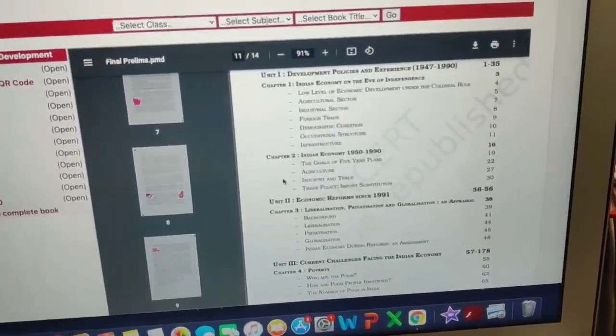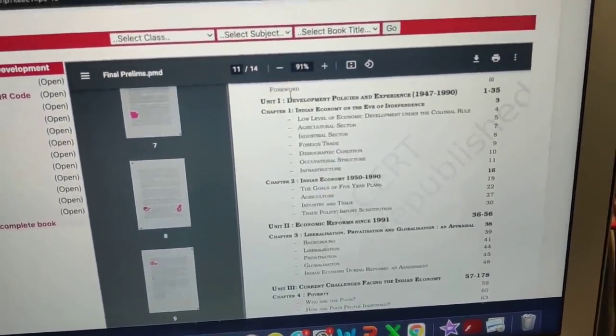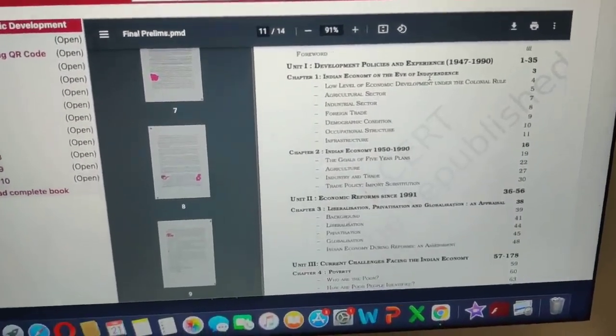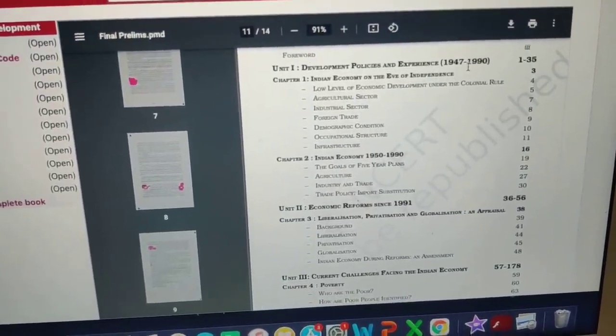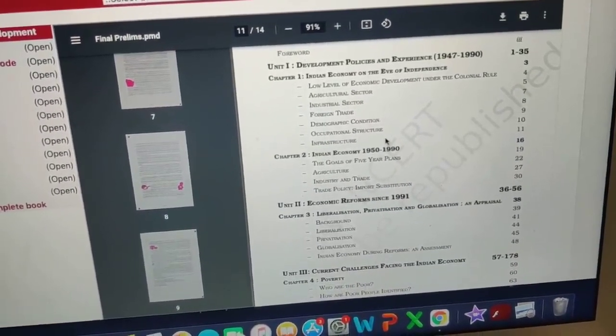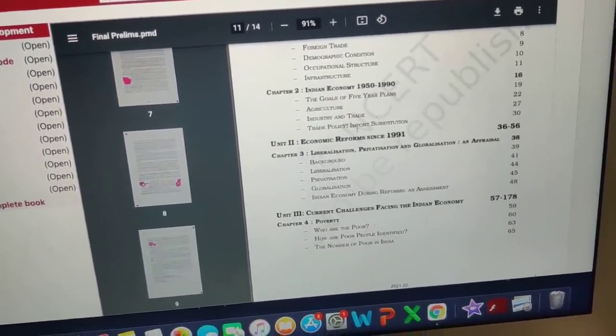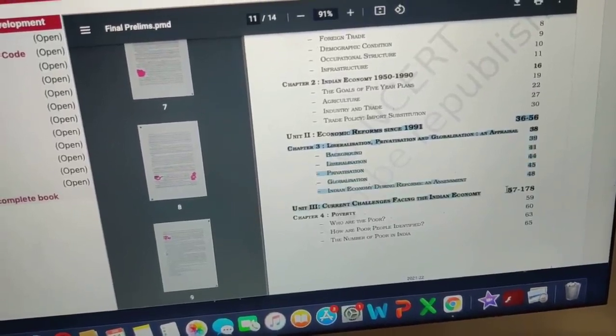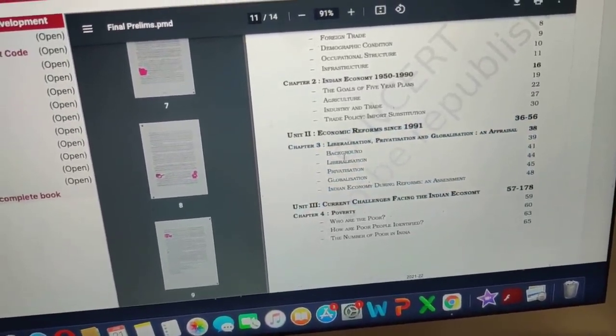Yes, here is the table of contents. First is Unit 1, which is about development policies and experiences of economic development from 1947 to 1990. So what was the Indian economy like on the eve of independence, then 1950 to 1990. Then economic reforms of 1991. This is a very important chapter or unit.